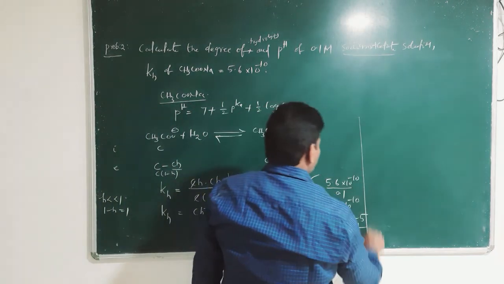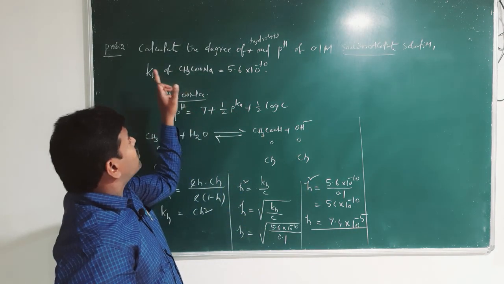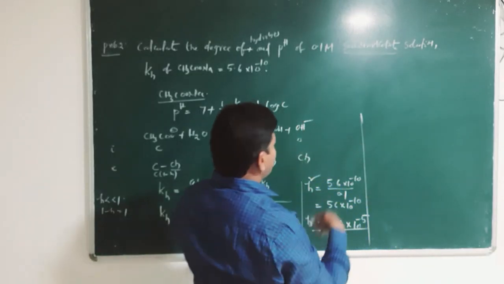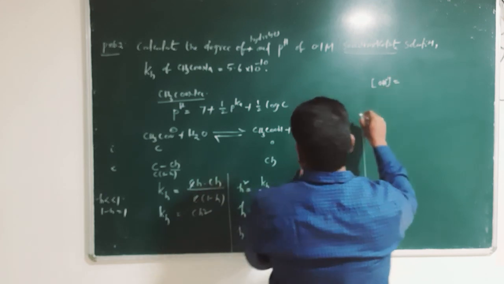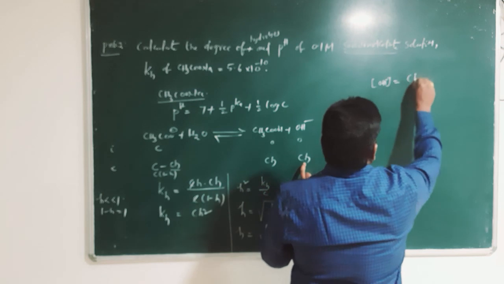Okay, this is the degree of hydrolysis, and they also ask to calculate the pH. From this equilibrium, the concentration of OH minus is equal to Ch.